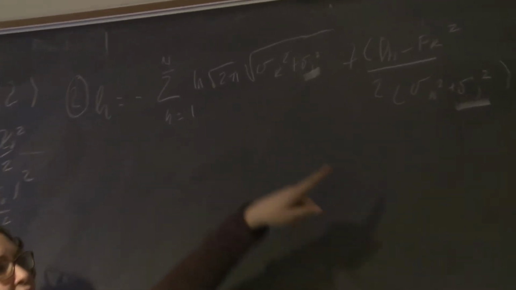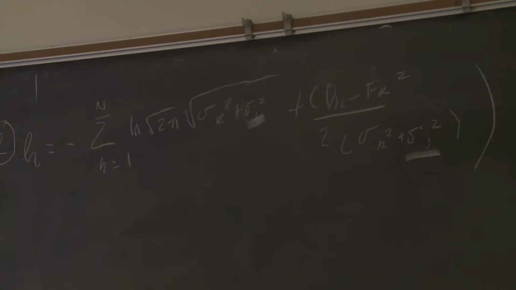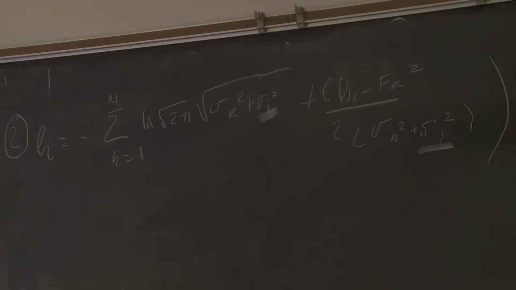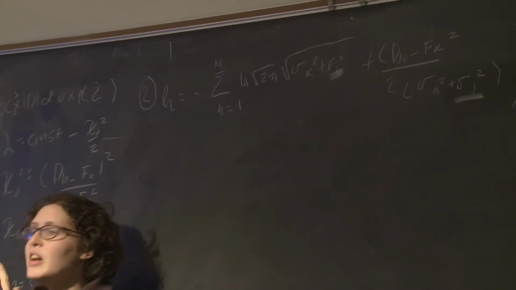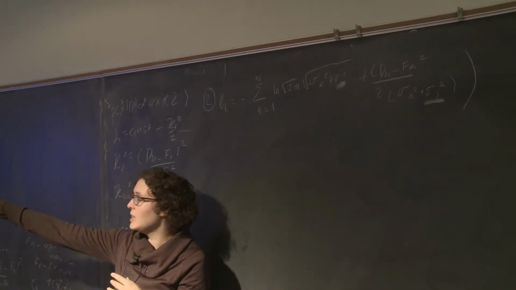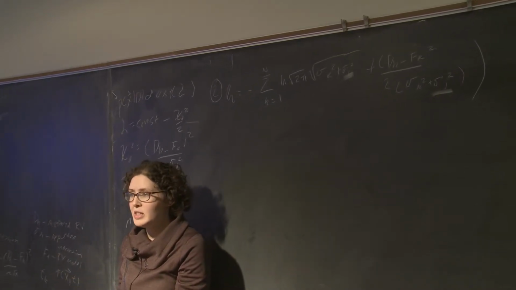Add in quadrature this extra term that we sometimes call a jitter term, because sometimes what's actually physically going on is that our model doesn't include another physical process, which is that there's actually random stuff going on the star that's contributing to this scatter beyond just the measurement uncertainty.